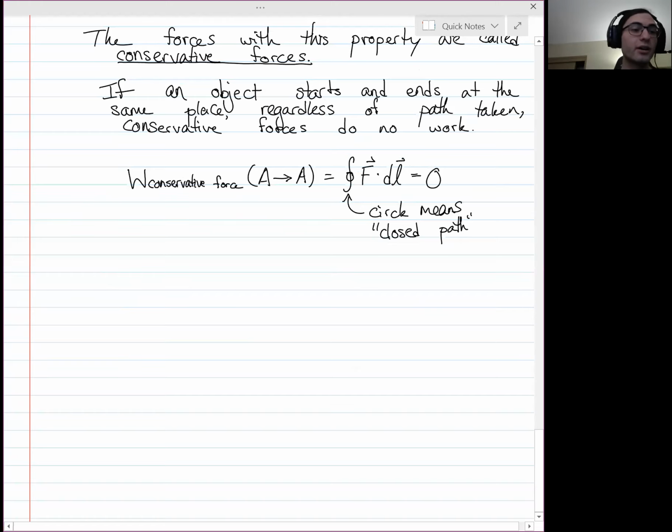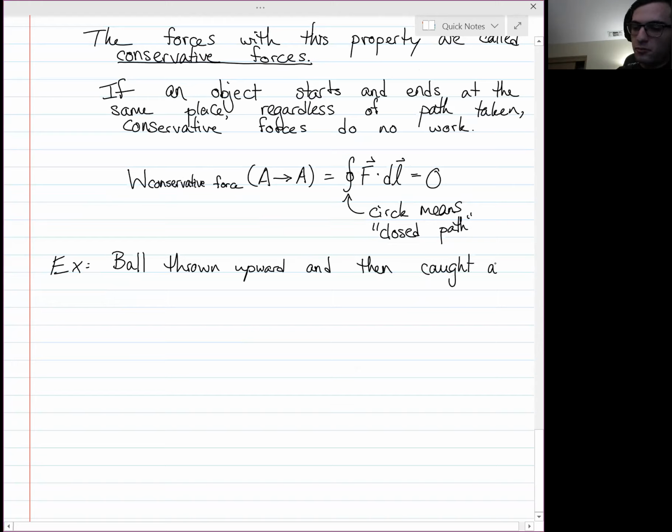By the way, we can show this fairly explicitly with an example. Let's say we have a ball thrown upwards and then caught at the same height. So take a ball, throw it upwards, and you catch it at the exact same height.